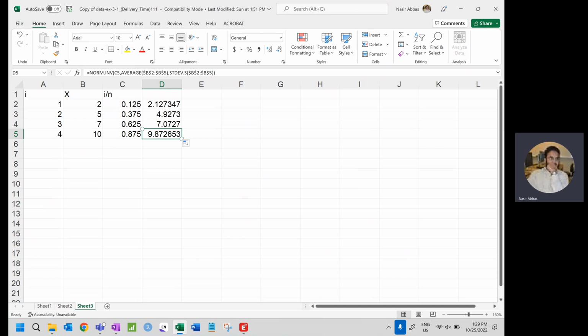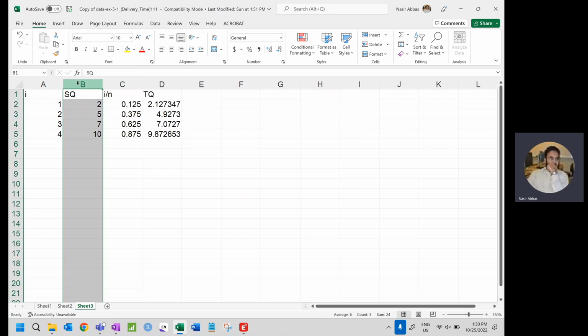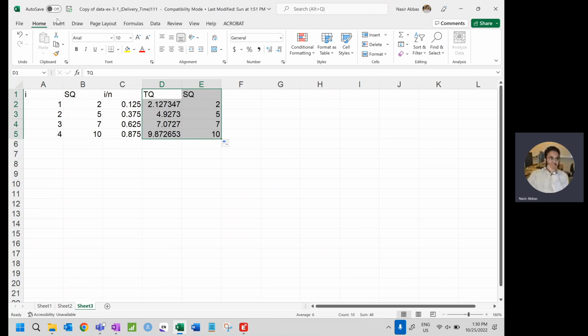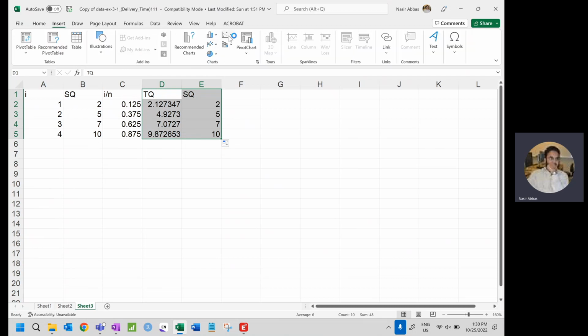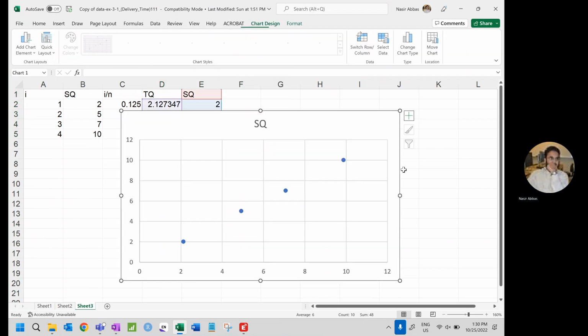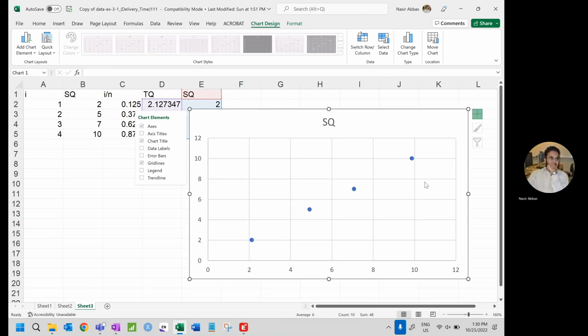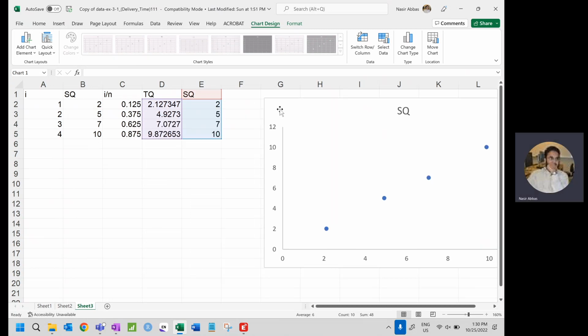Now, how to plot this one: call this one theoretical quantile and call this one sample quantile. Select these two and insert a scatter plot.